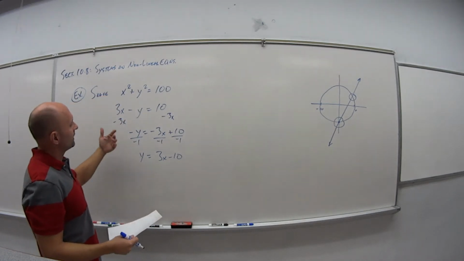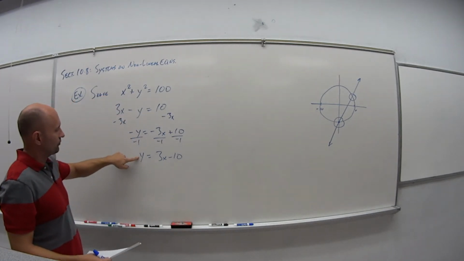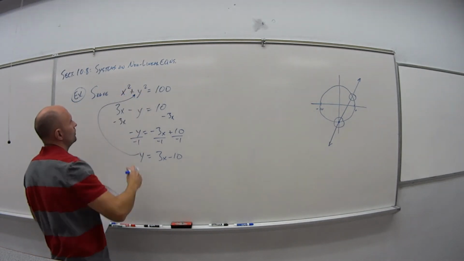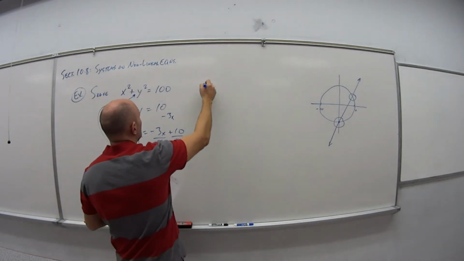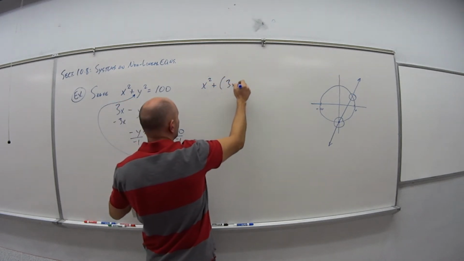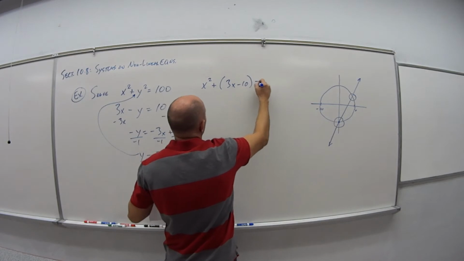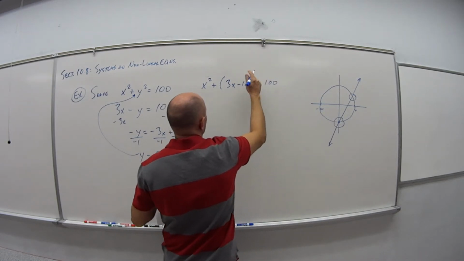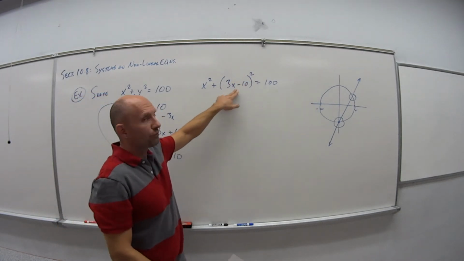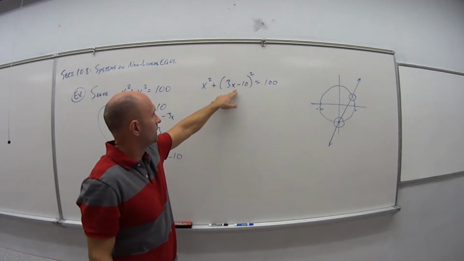To solve this, I can use the substitution method. I just solved for y, so I can plug this back into my first equation. I get x squared plus y squared, which is 3x minus 10, all squared, equals 100. It's squared because it's y squared, so I have to square the 3x minus 10.